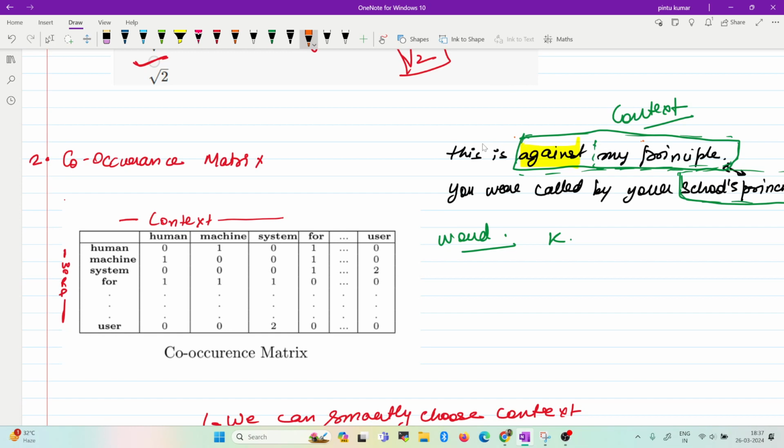So now there can be two slightly different interpretations of windows. I'm not very sure which one is being referred to in this course, but I'll tell you both interpretations, and based on where you are using it, you can choose.